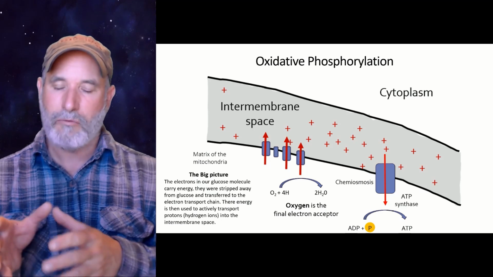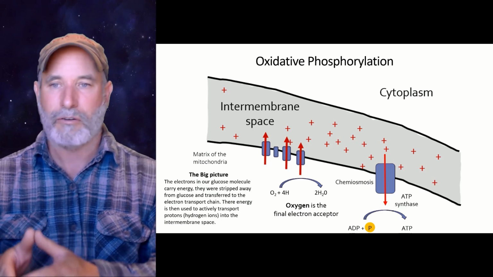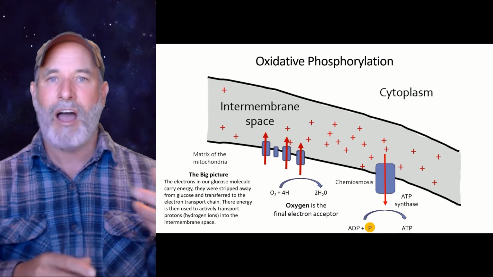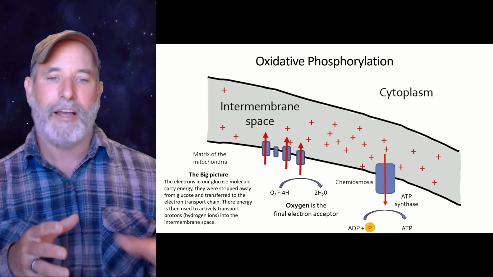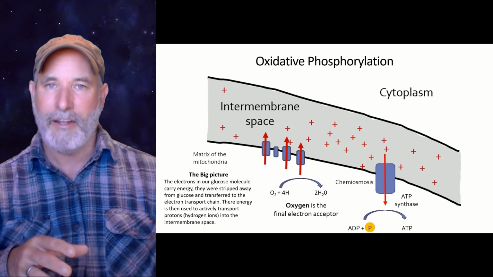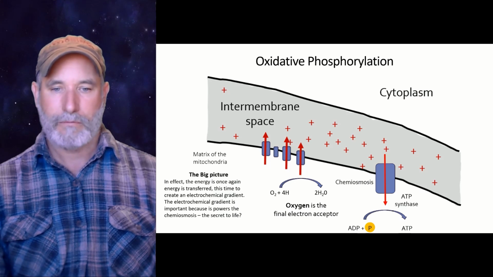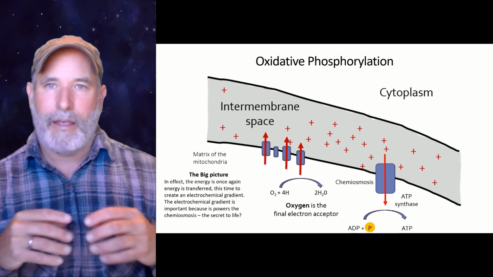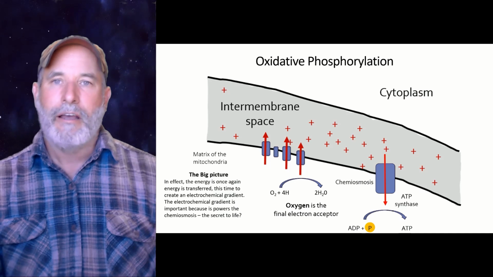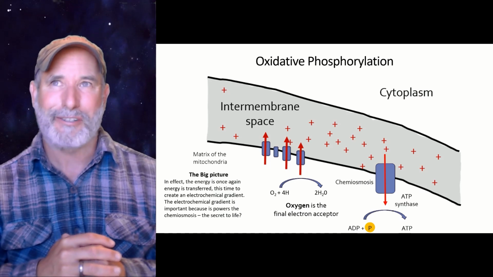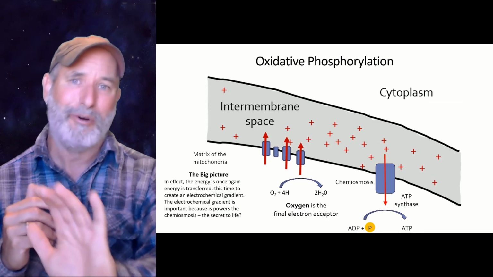So now the energy that was stored in a molecule of glucose or whatever organic molecule we oxidized, some of that energy has now been transferred to an electrochemical gradient, okay? And this electrochemical gradient, it is really important for chemiosmosis. Chemi means chemical, osmosis means to push.